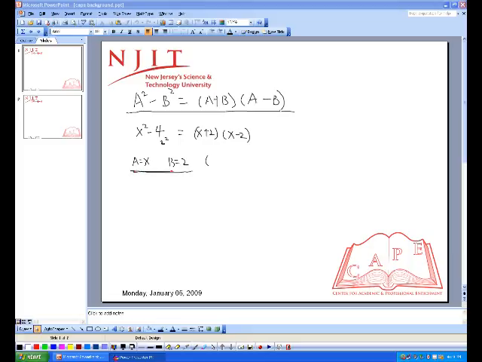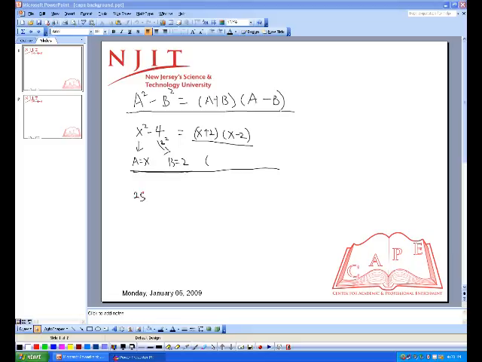So that's it. If you remember the formula, and you recognize what a is and what b is, you should be able to write out the answer right away.